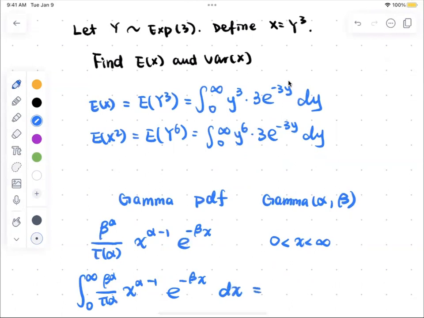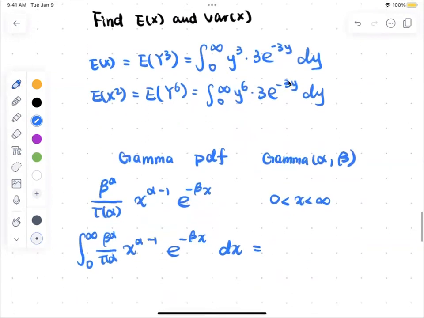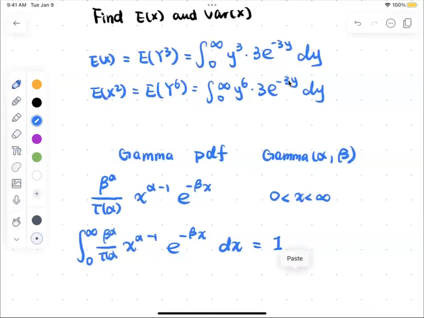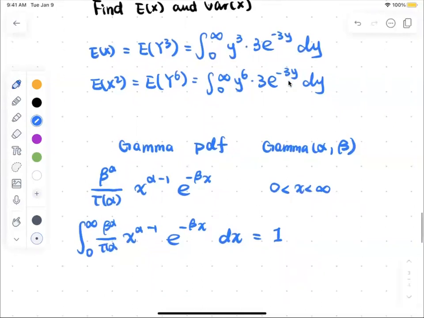And because I'm integrating a PDF over its support, I am going to get exactly 1. And because beta to the power of alpha over the gamma function evaluated at alpha is a constant, let me pull it out.